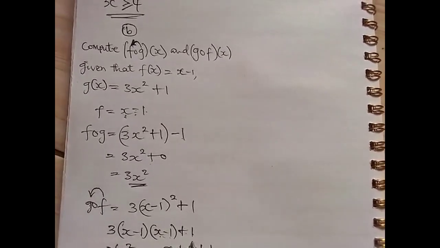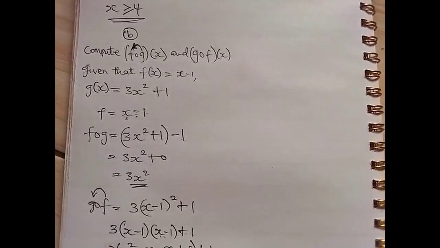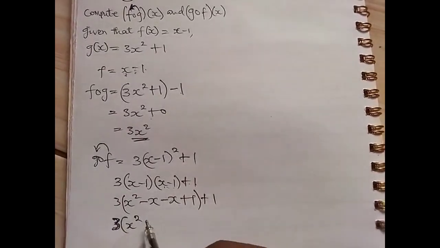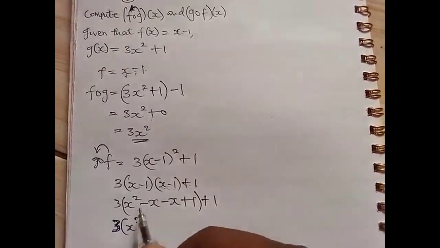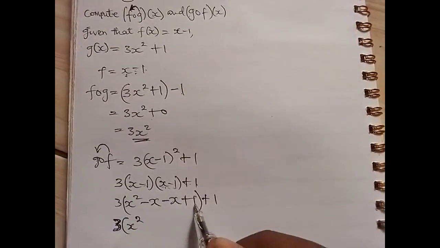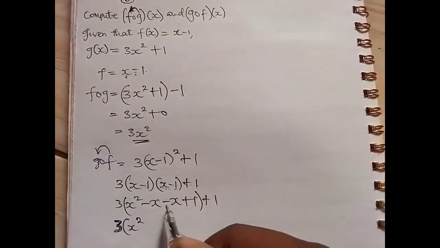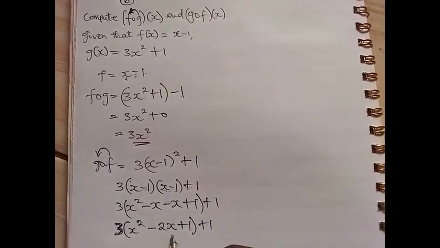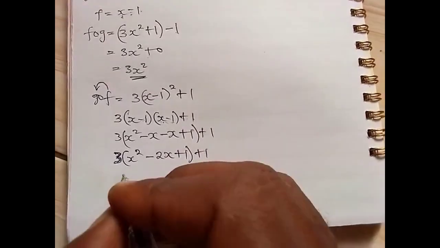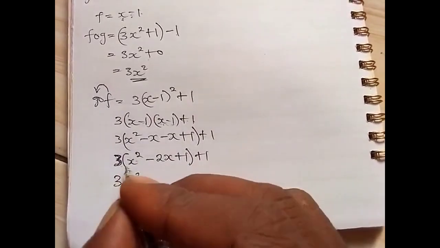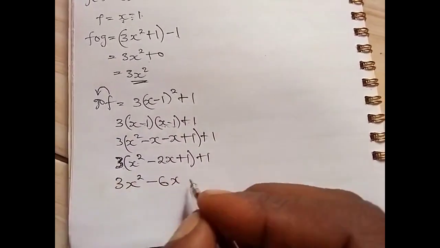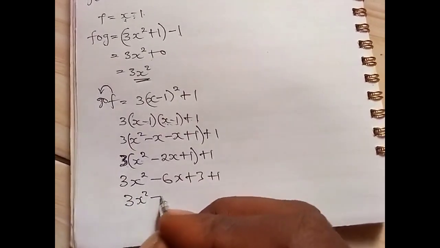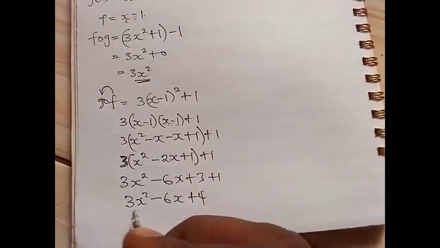We have 3 times x squared, and this multiplied by this, and this also multiplied by this, to get minus 2x, then plus 1, also plus 1. Now we open up the bracket: 3 times x squared is 3x squared, 3 times minus 2x is minus 6x, then plus 3, then plus 1. So what we now have is 3x squared minus 6x plus 4.